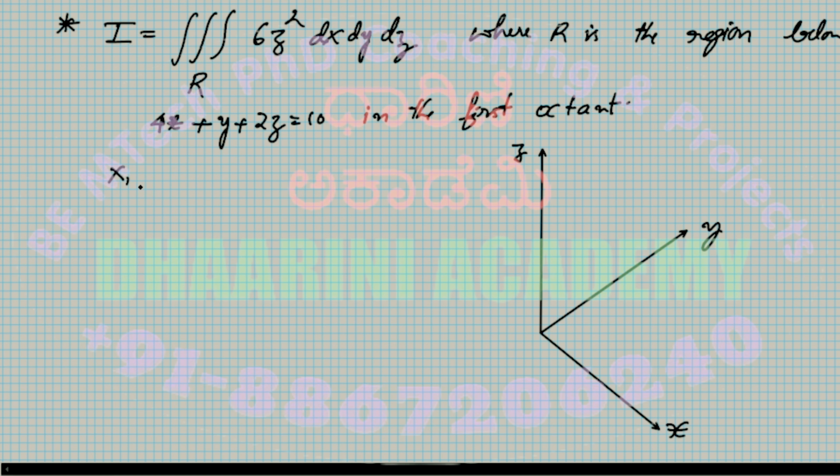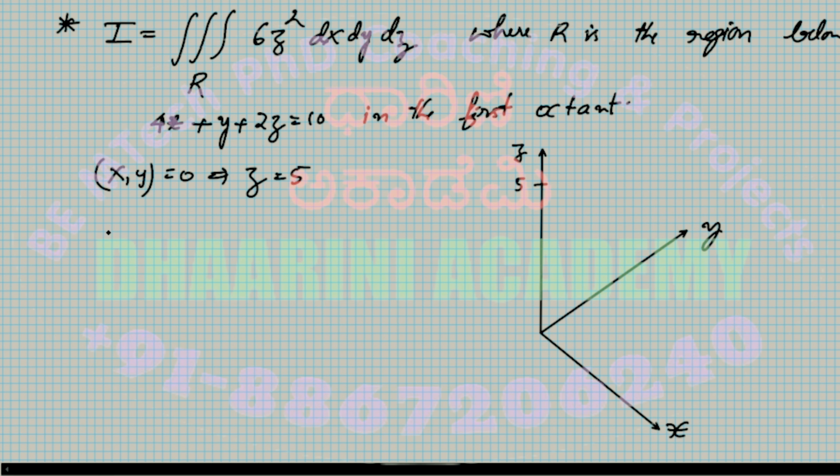So x comma y, both of them you put equal to 0, you get the z intercept. What is the z intercept? 2z equals 10, so z equal to 5. That means z equal to 5 is the point where the plane intersects the z axis.